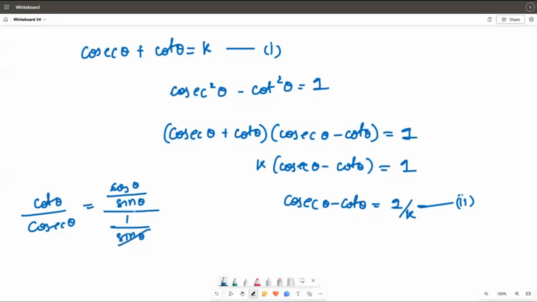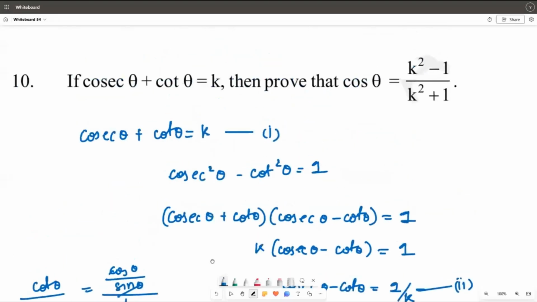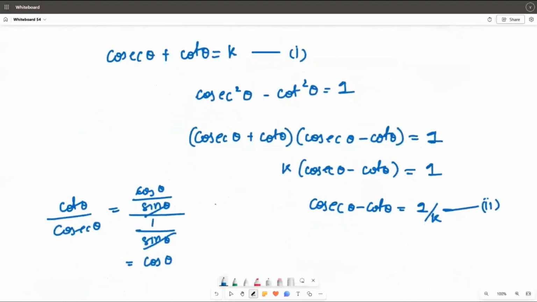These both will get cancelled and the resultant is cos theta. So if I am able to find the values of cot theta and cosecant theta separately, then I can divide them to find the cos theta, which they told us to find in the question. They told us to prove that cos theta equals something. So we have to find the values of cosecant theta and cot theta separately.